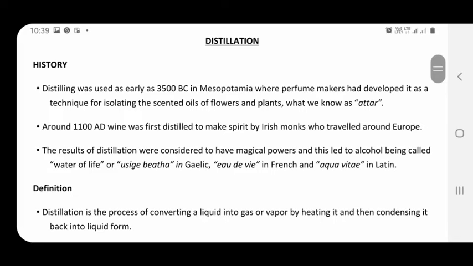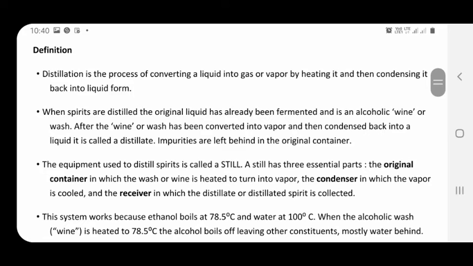Let us come to the definition of distillation. Distillation is a process of converting a liquid into a gas or vapor by heating it and then condensing it back into liquid form.